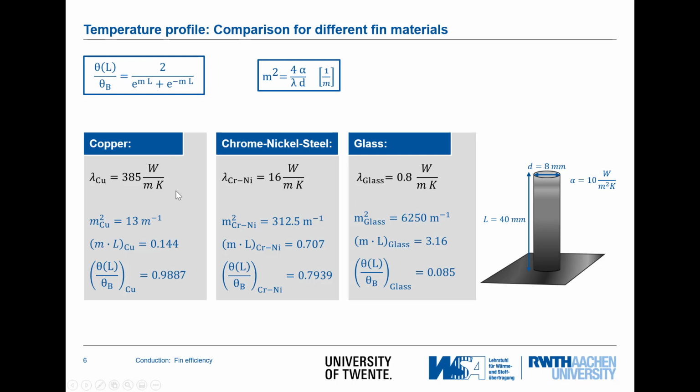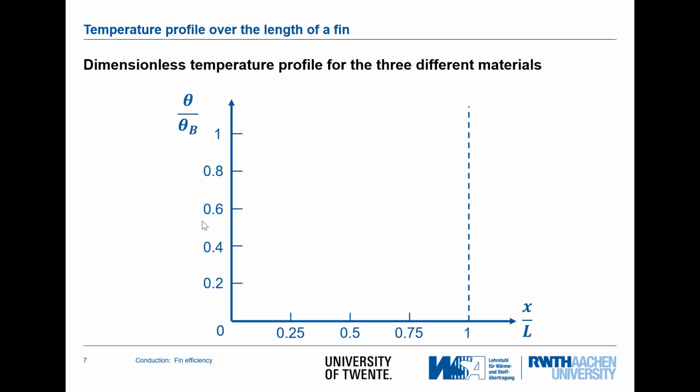Now, with these values calculated, we can go into the diagram and try to draw the dimensionless temperature profile for the three different materials. In order to do that, I would like to start with the glass, and I would like to start with the known locations. So of course we will start here at theta bottom divided by theta bottom is equal to 1.